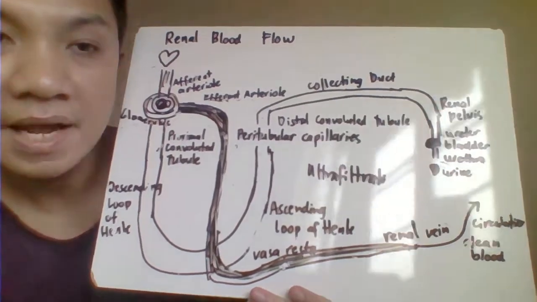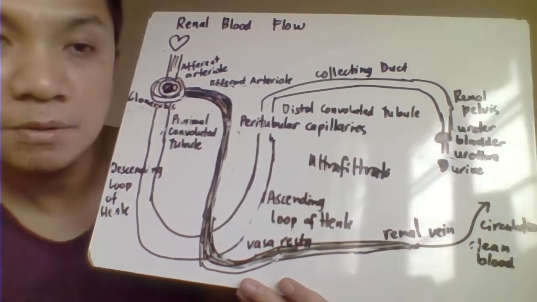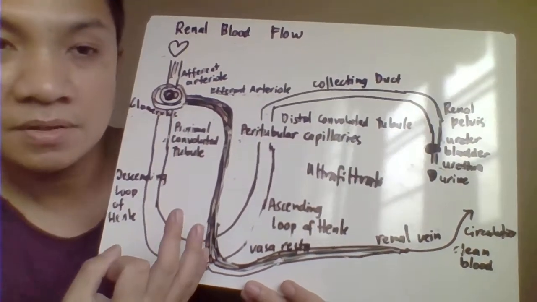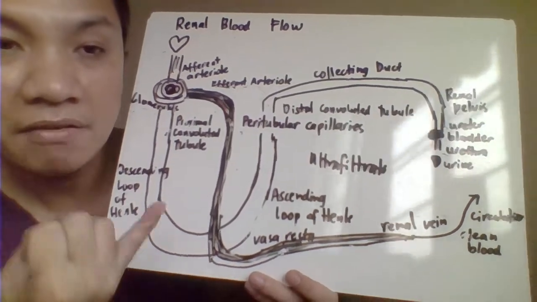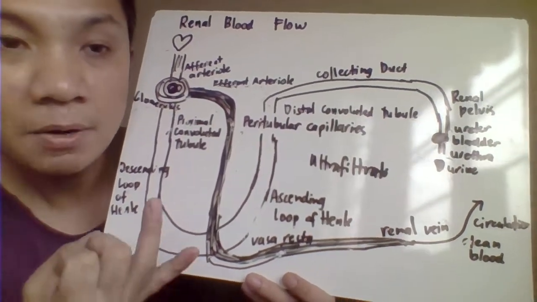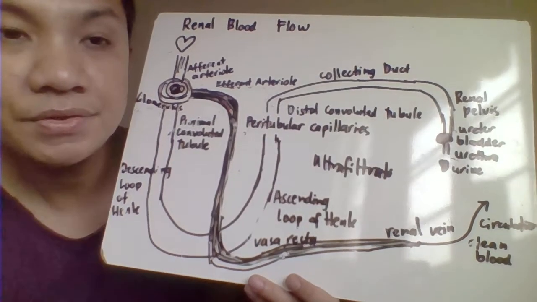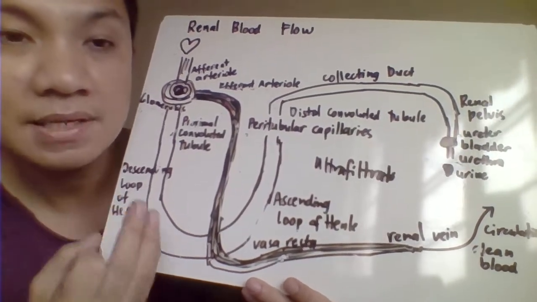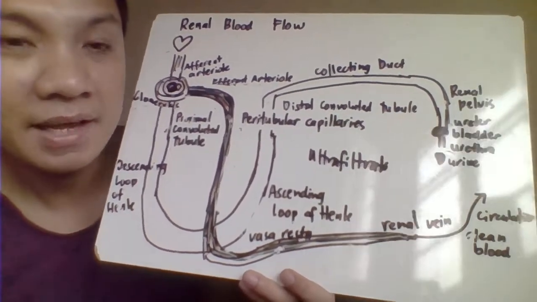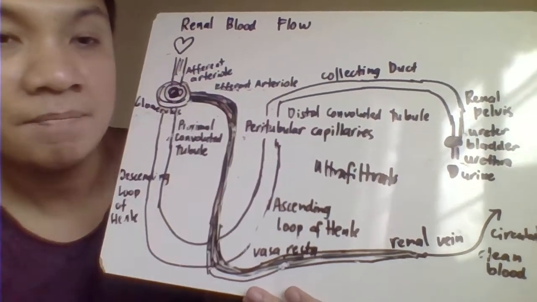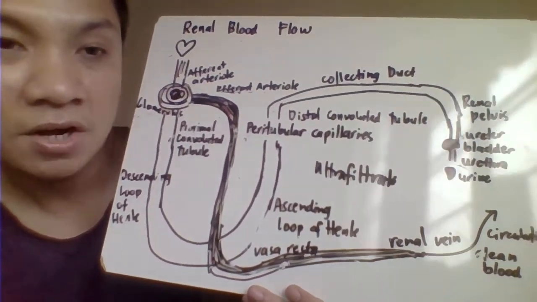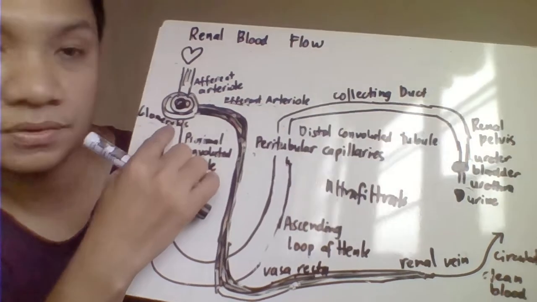Okay, as what we have discussed kanina, so your kidney try to perform three basic functions. Filtration, glomerular filtration, tubular reabsorption, and we have also here your tubular secretion. Okay, so saan natin makikita? So, we have here, glomerular filtration is occurring here in the glomerulus.